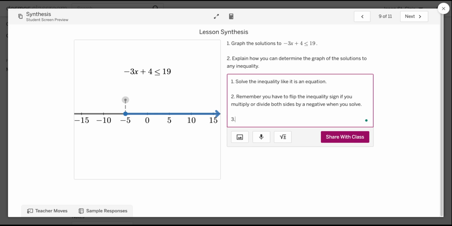And then 3, graph the solution on the number line.